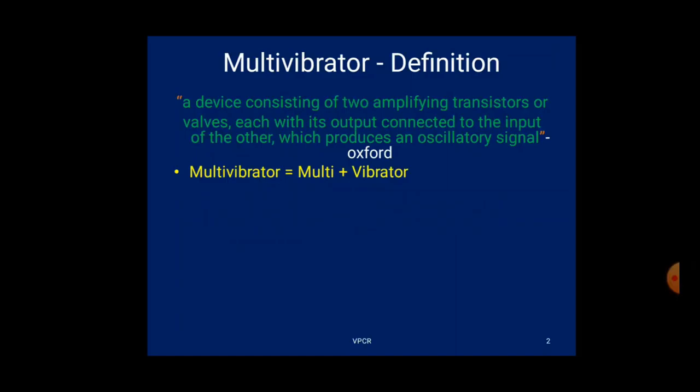So I suggest whenever you come across any new word in electronic circuits or whatever technical term, you first search that word in a normal dictionary, so that you will get a general idea.